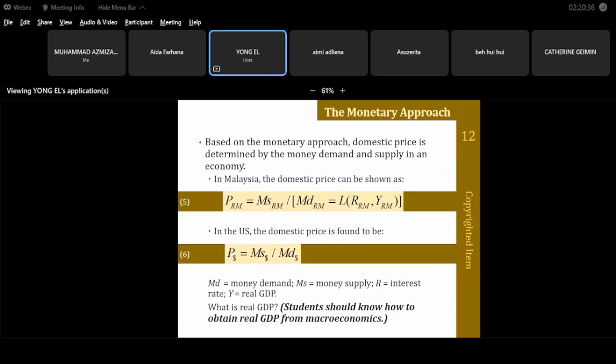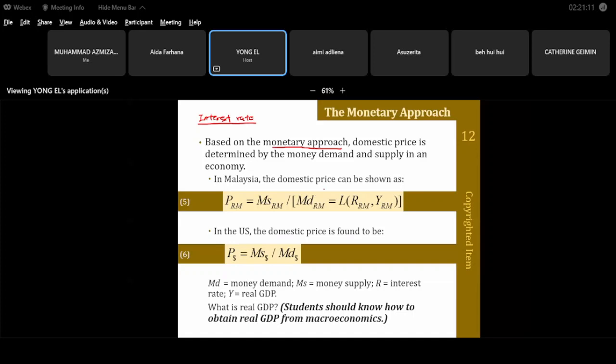Now this one is interesting, because based on the monetary approach, we want to understand how money supply and demand can affect the price level in Malaysia and in the US. Finally, we want to know how this can affect the exchange rate. For example, let's talk about interest rate. Interest rate is the return on deposits.